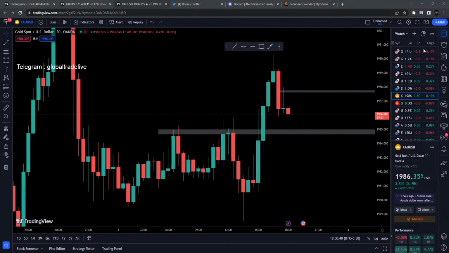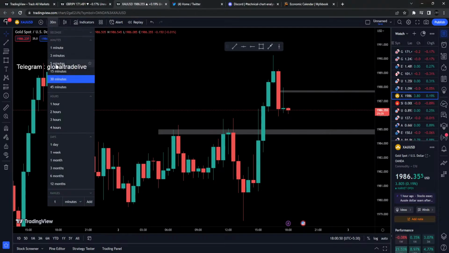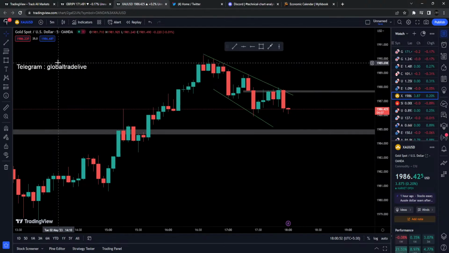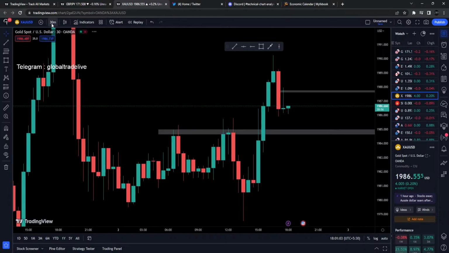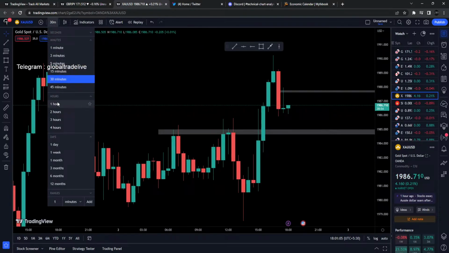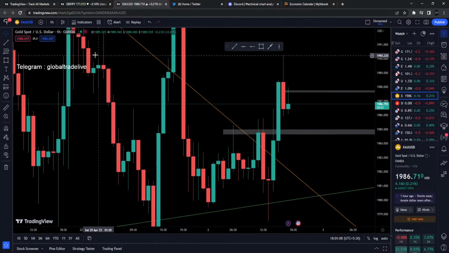So it has broke the low in the first few seconds, and I really don't like that. Yeah, now if it comes down, now it will make sense.